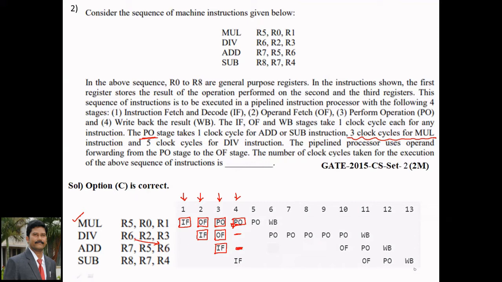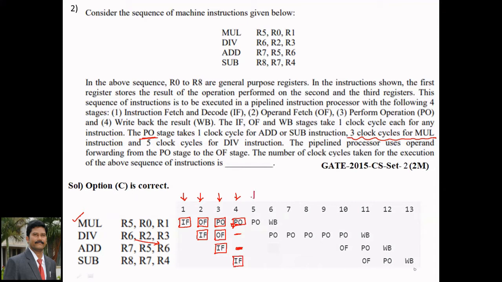After the PO operation, operand forwarding is there, and only then do we start operand fetch, when operands are available. At the same time, the subtraction instruction enters the IF stage, as IF is free. That is the fourth clock cycle.